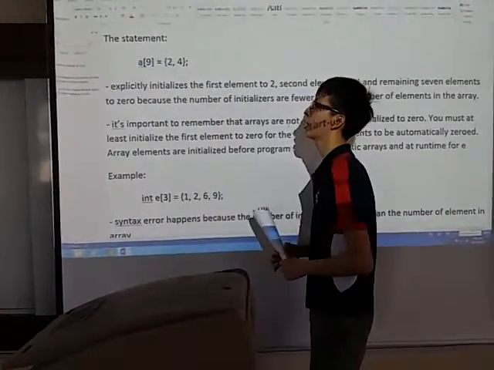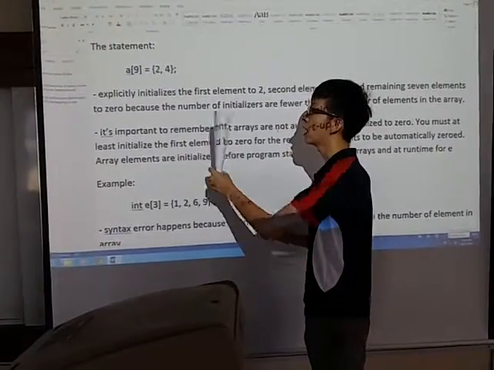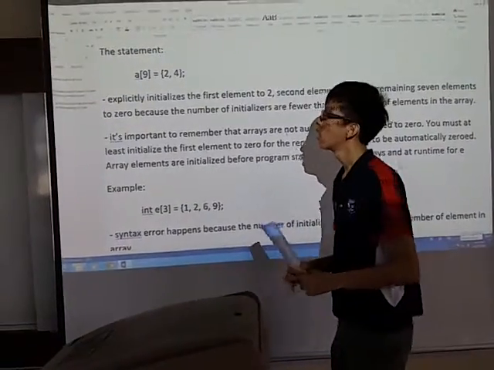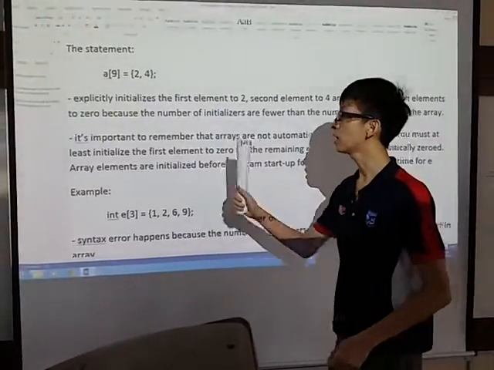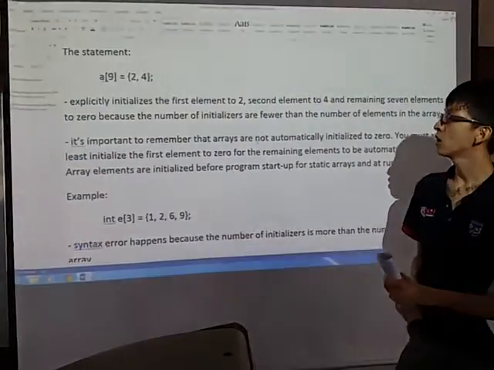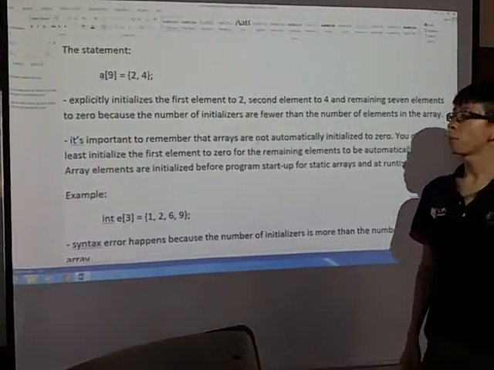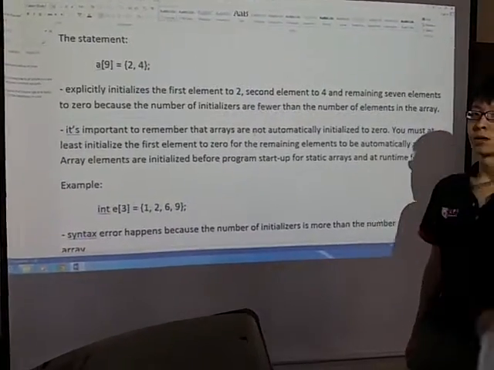a[9] = {2, 4}. So this explicitly initializes the first element to 2 and the second element to 4. But what about the remaining 7 elements?